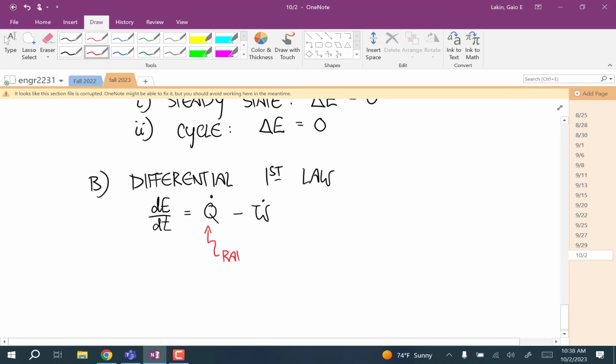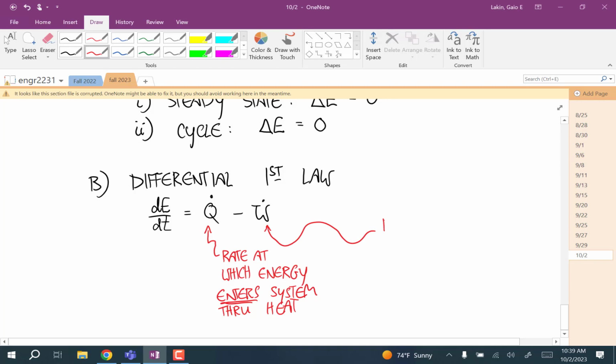Q dot is the rate at which energy enters the system through heat. We still have that same sign convention, so that's why this has to be energy entering the system. And W dot is the rate at which energy leaves the system through work.